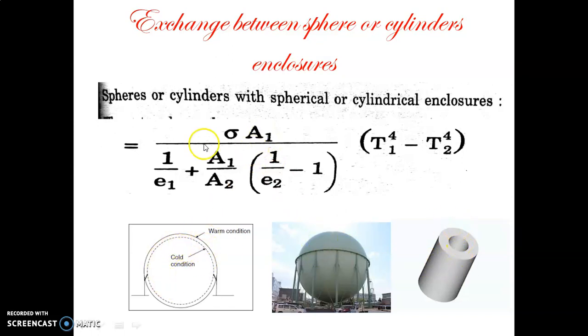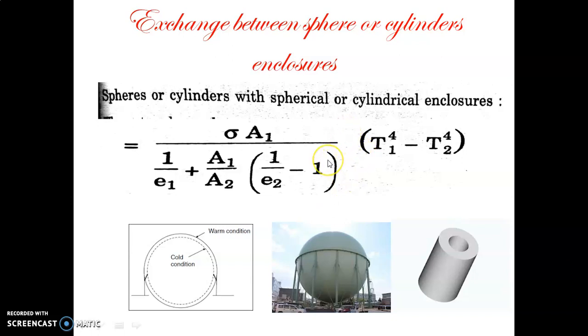So this is A1 divided by 1 upon E1, that means the emissivity of the inner cylinder or sphere, plus A1 by A2. A2 is nothing but the outer area of the cylinder or sphere, multiplied by bracket 1 upon E2, where E2 is the emissivity of the outer sphere or outer cylinder, minus 1.